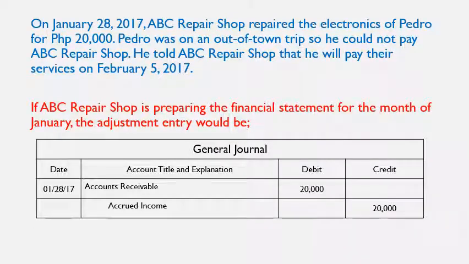So, if ABC Repair Shop is preparing the financial statement for the month of January, the adjustment entry would be January 28, 2017, accounts receivable 20,000, accrued income 20,000. Okay? So, eto adjustment to, meaning end na nung accounting cycle, hindi na siya pumasok dun sa accounting cycle nung January, or this accounting period ng January, kaya we will use the word accrued income.